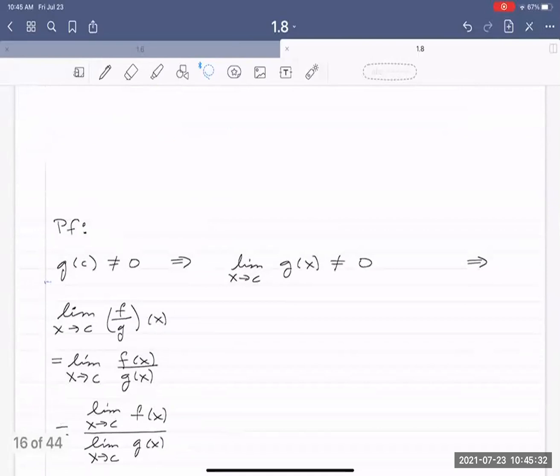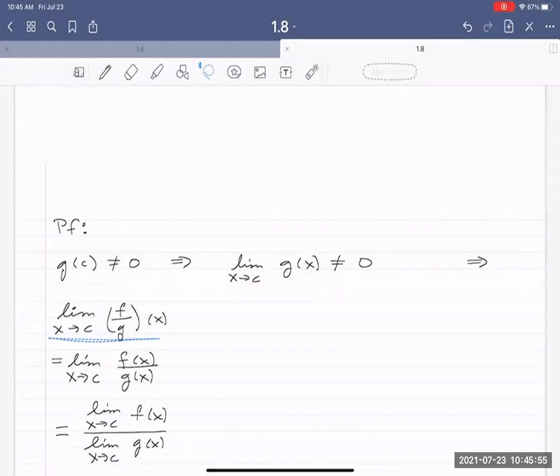Lastly, g(c) not equaling 0 implies that the limit as x approaches c of g(x) is not equal to 0. That's by one of the first theorems that we proved in section 1.7.